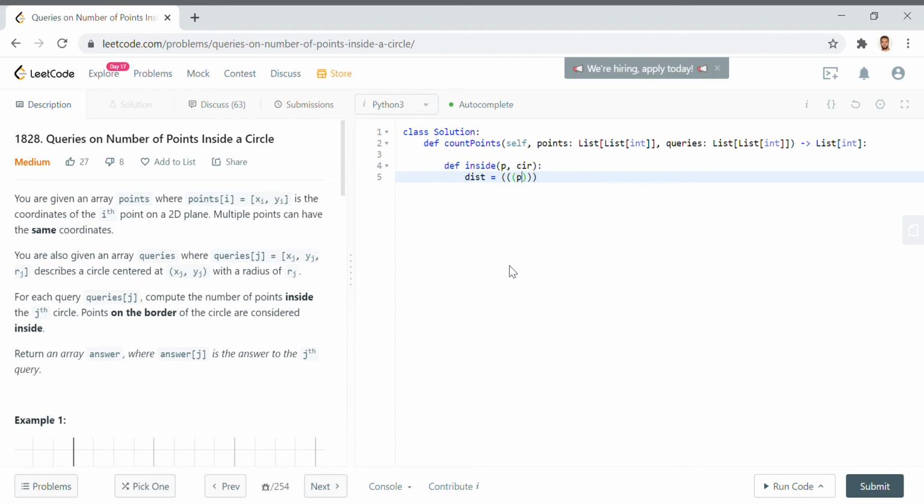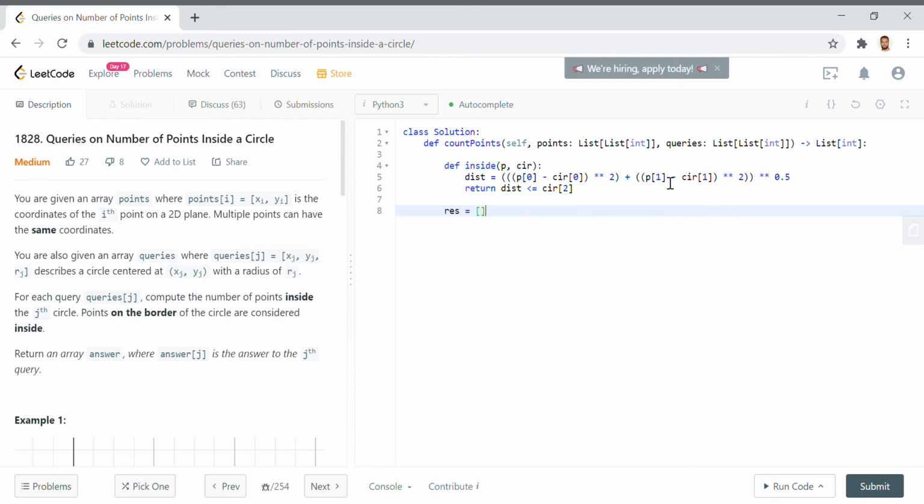So we say p0 minus cir0, squared, plus p1 minus cir1, squared, and then we take the square root of this, which is ** 0.5, to the power of 1/2 is the square root. Then we just want to return whether dist is less than or equal to cir2. That's the radius, right? The distance within the radius.